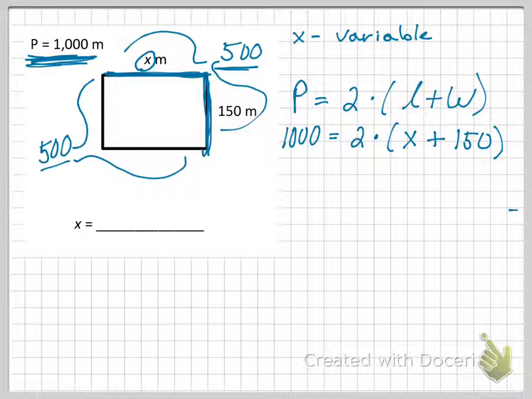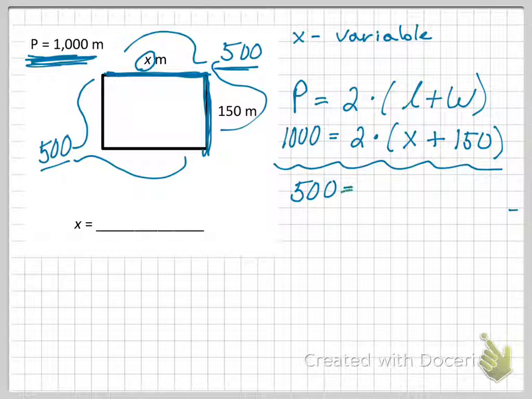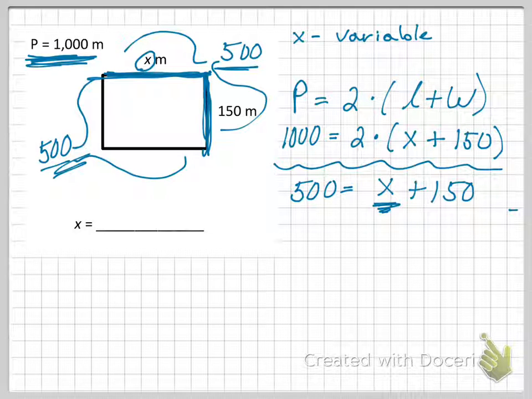Now, if we just focused on just half of that side, just the half of that 500, we can just do this. 500 equals x plus 150, because we're only focusing on one side. We're not focusing on this side yet. So now we actually have to say, all right, well, what would be x? X plus 150.